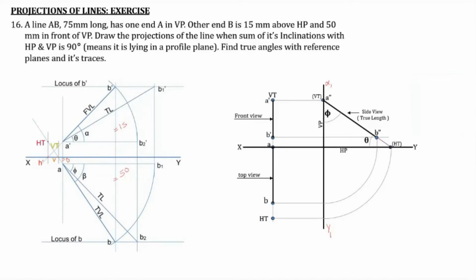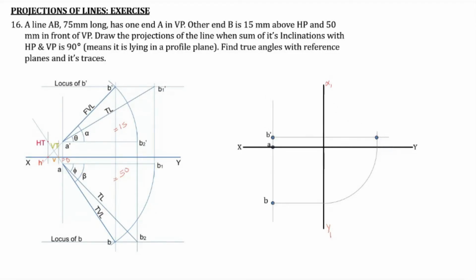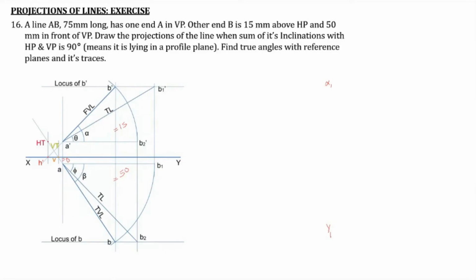So let me explain it once more. First our XY line, then the projector, then the distance between this projector and this X1, Y1 line, that can be any distance. It need not be too close as well as not too far.